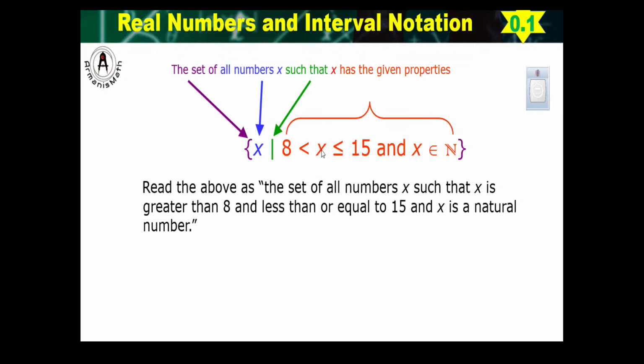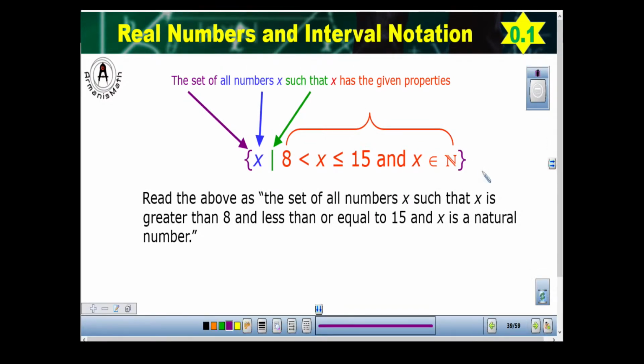X is greater than 8 and less than or equal to 15, and x belongs to, or is part of, that inverted E symbol of the N. I have to be careful, because this is not just a regular N. Look at this N, it's kind of a double-chinned N. Okay, and we use this in math to refer to the natural numbers.